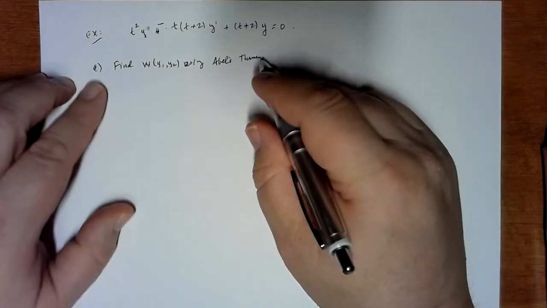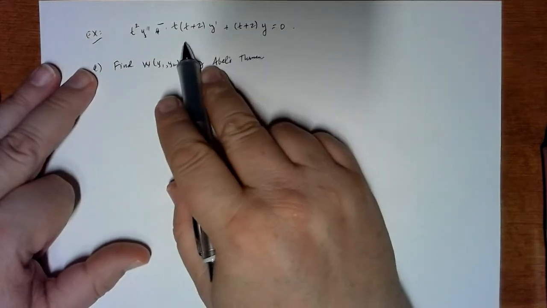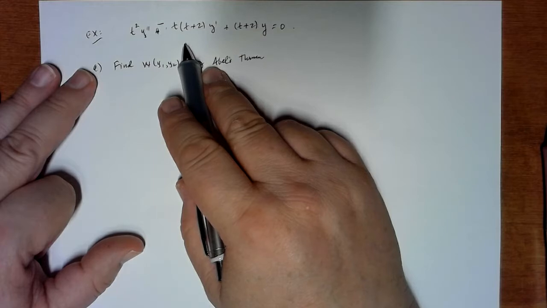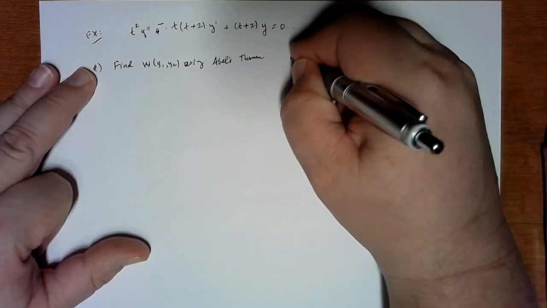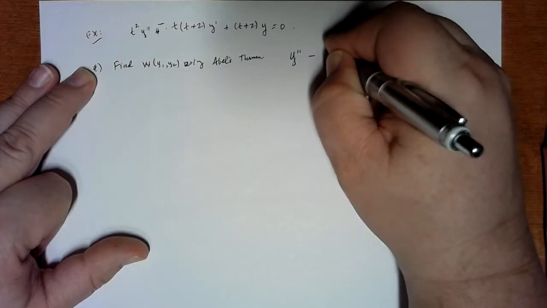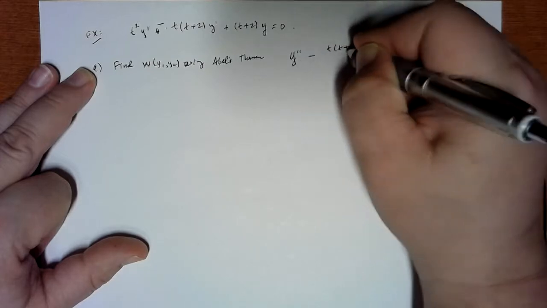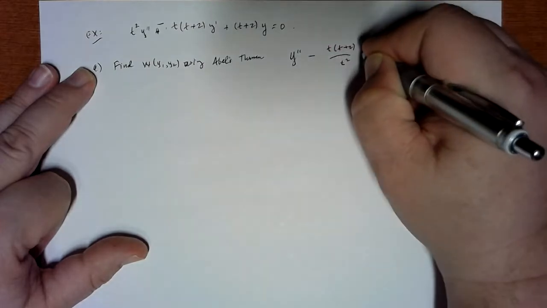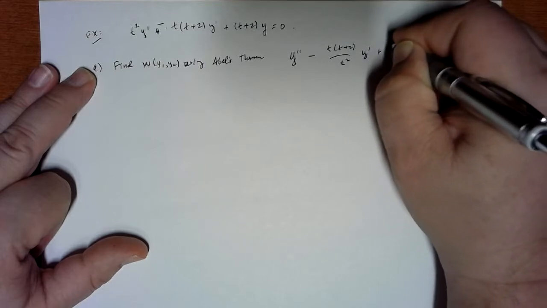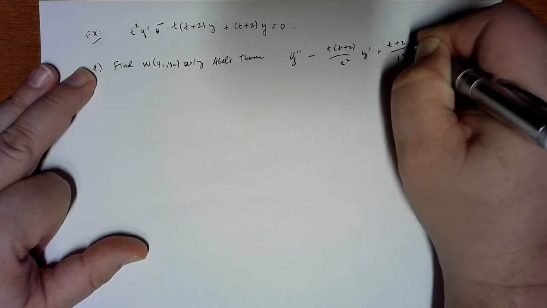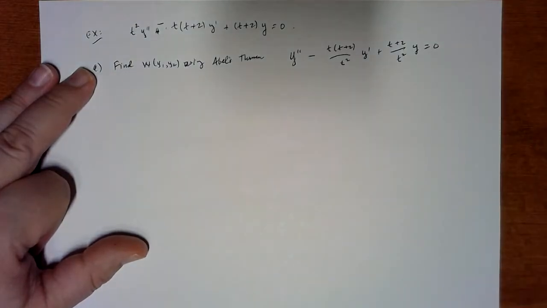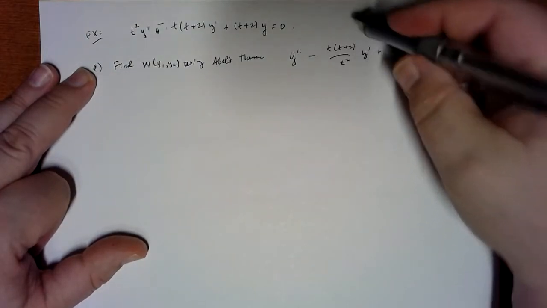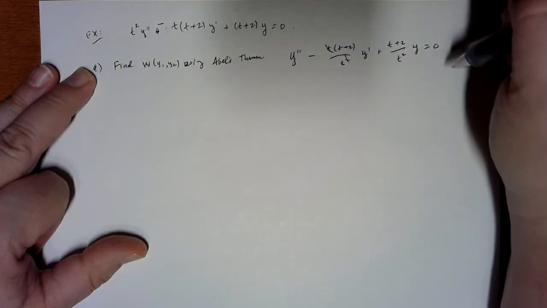Okay, so notice that this is not the right form, right? I have to divide by t squared before I do that. And so I'll take y double prime minus t times (t plus 2) over t squared, y prime plus (t plus 2) over t squared times y equals 0. Good. Now I can cancel one of those t's out.